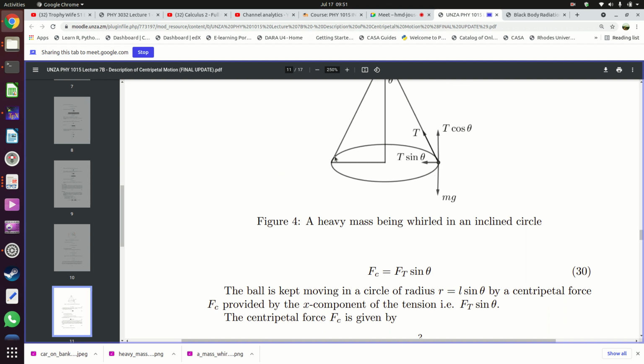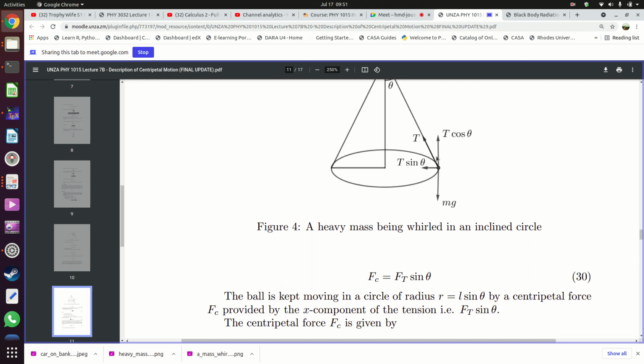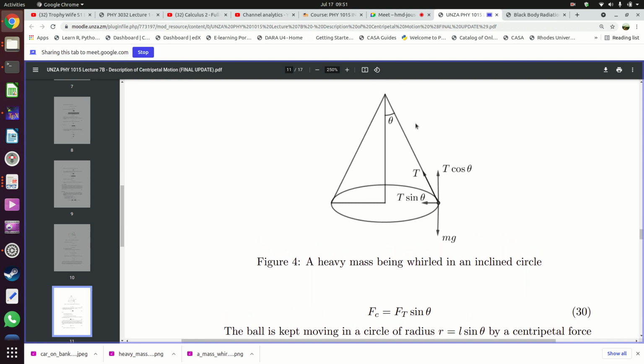You can obtain the radius of this circle from the length of the rope, using this angle. The length of the rope is the hypotenuse, this side is the adjacent, and the radius is the opposite.